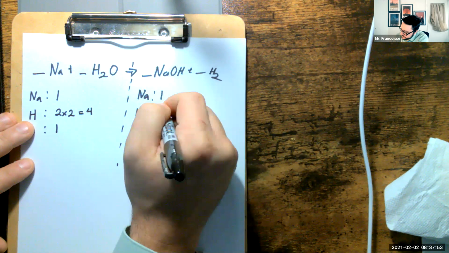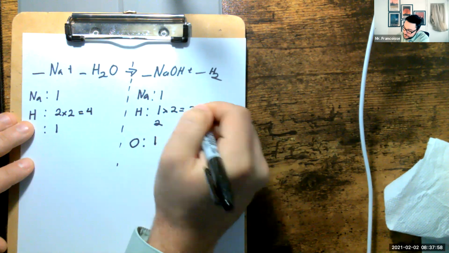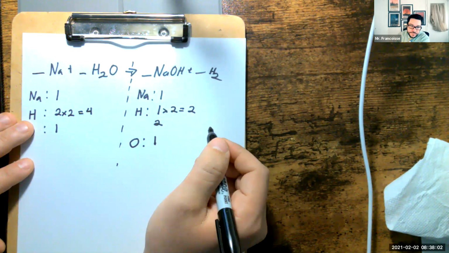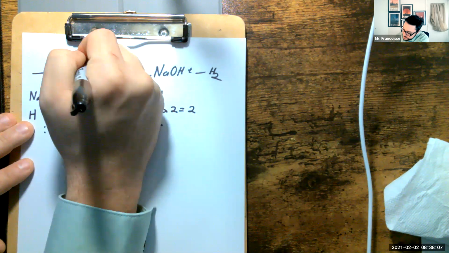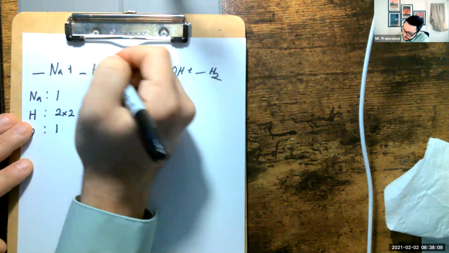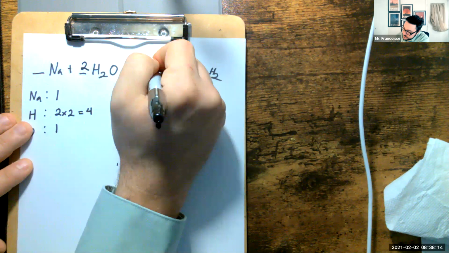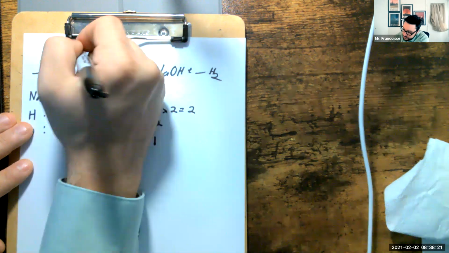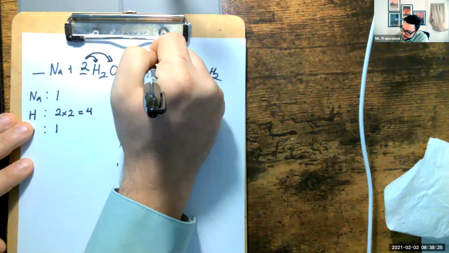So if we do 2 here, we get 2 plus 2 would be 4. That would make this balanced. So we can take our 2 and put this in front of H2O here. And we can take the 2 and put it in front of NaOH, because this would multiply out to both these, and this would multiply out to all these ones.